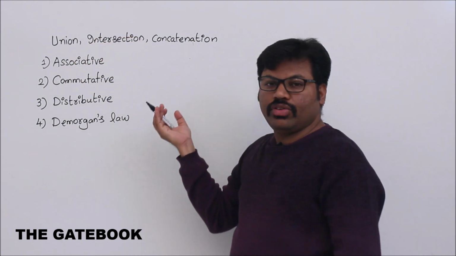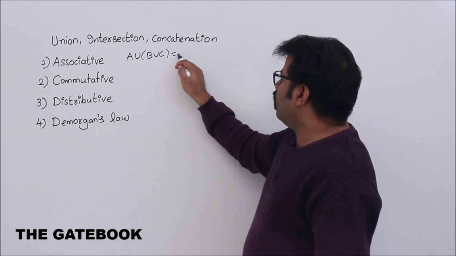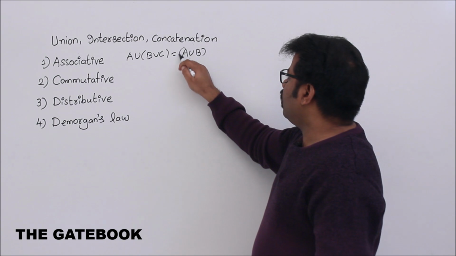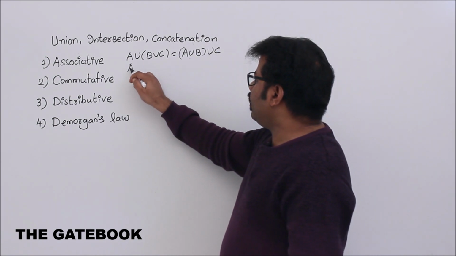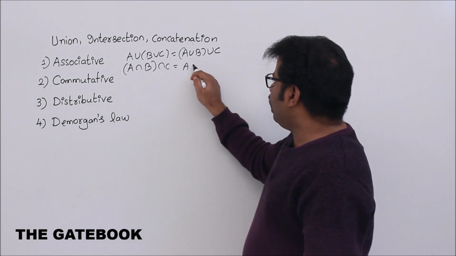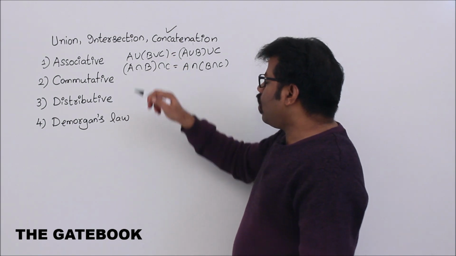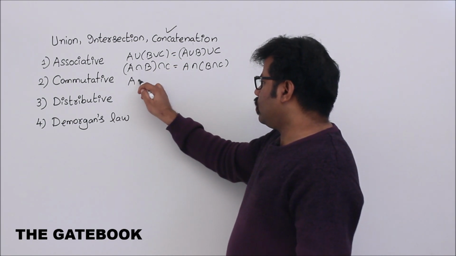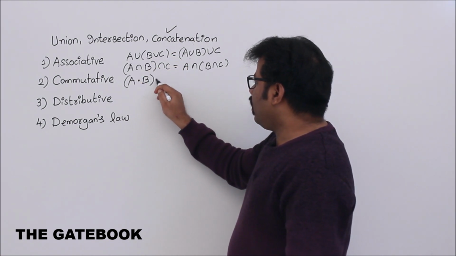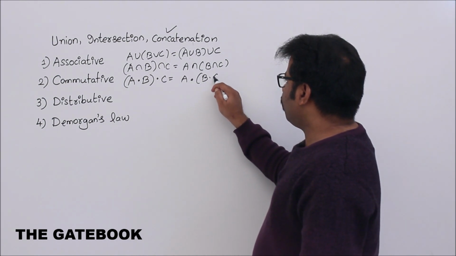That means (A union B) union C equals A union (B union C). Similarly, (A intersection B) intersection C equals A intersection (B intersection C). Concatenation is a new operator for us, and that is also associative. That means (A dot B) dot C equals A dot (B dot C).